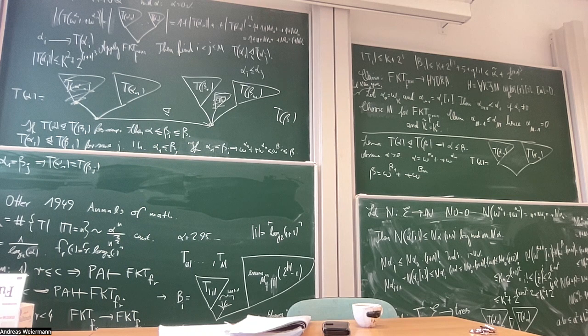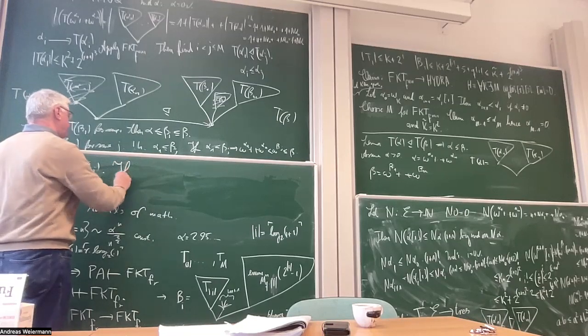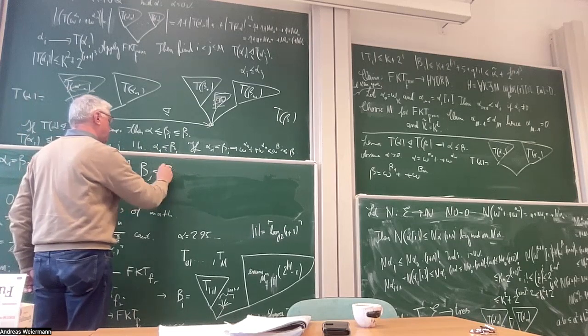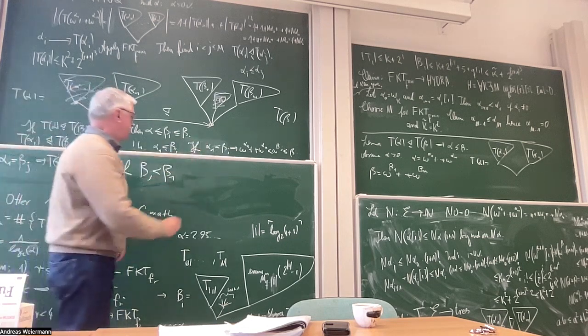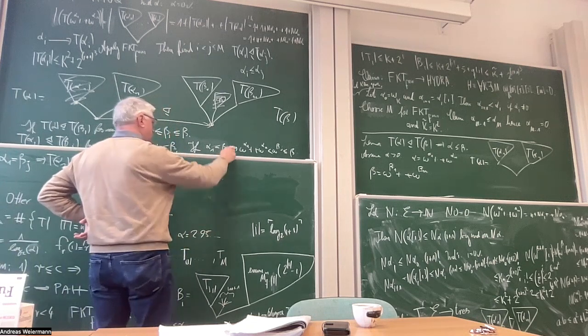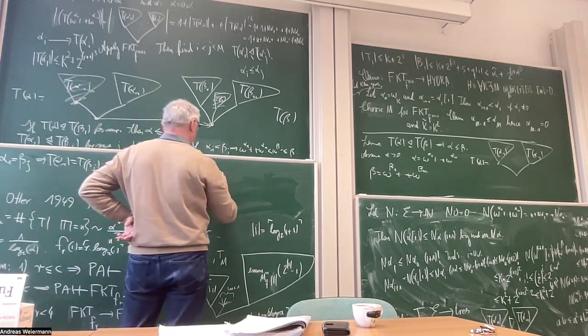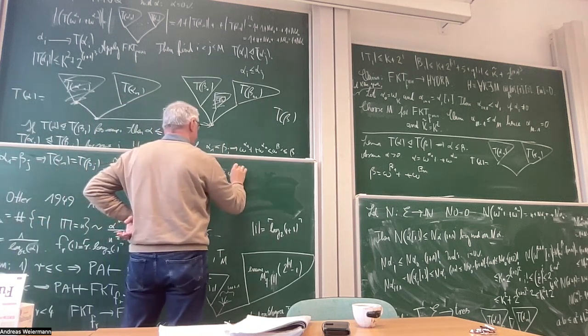Actually, there's more to be said. And if beta j is smaller than beta 1, then by the same token, alpha is smaller than beta. Right? This one smaller than this one, then alpha.